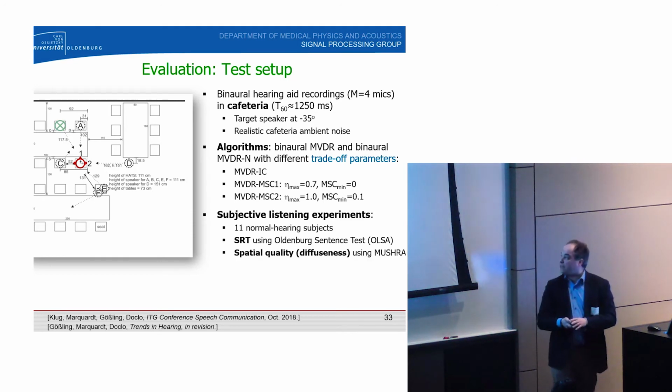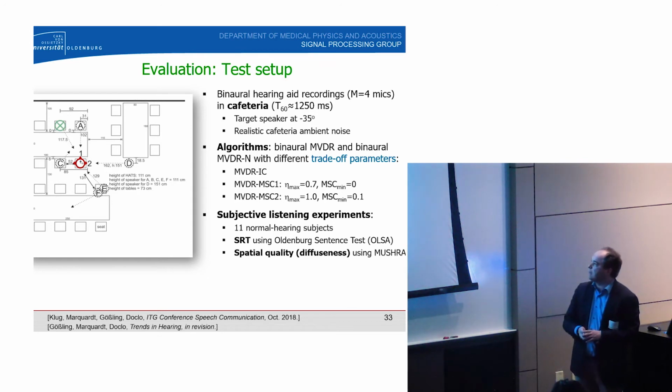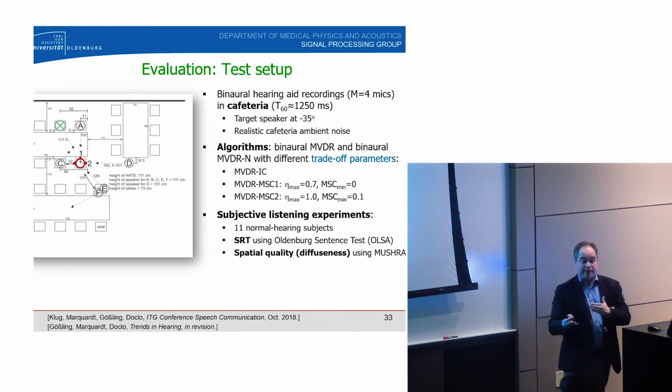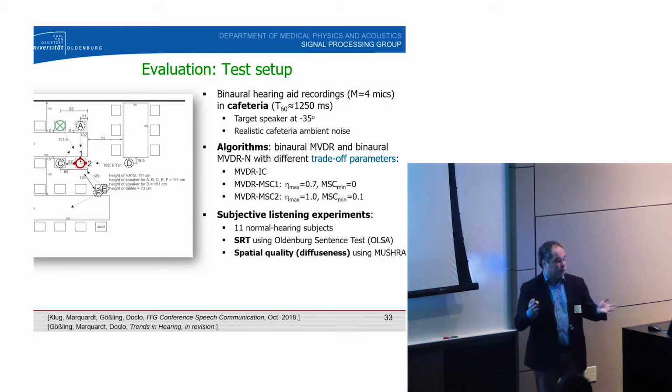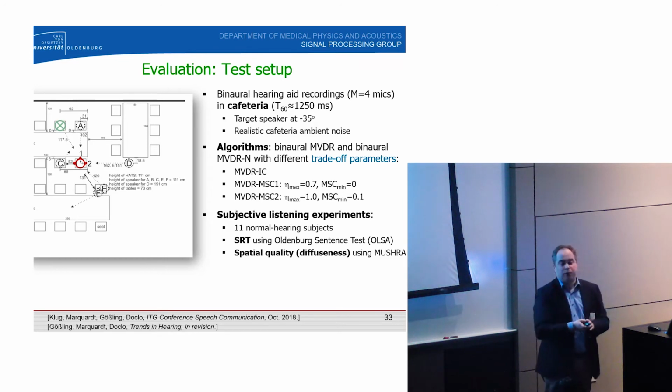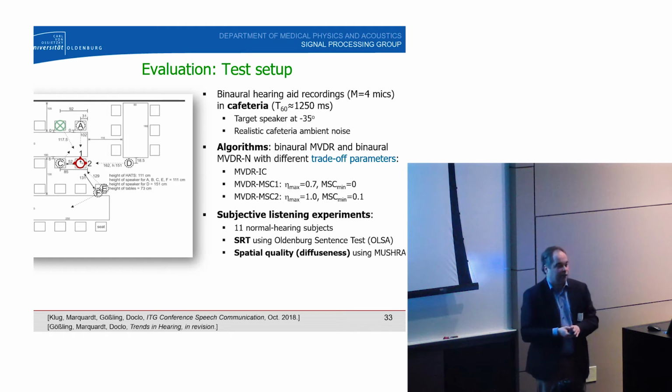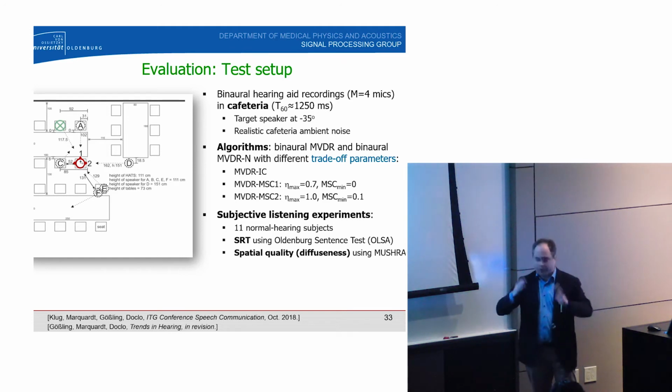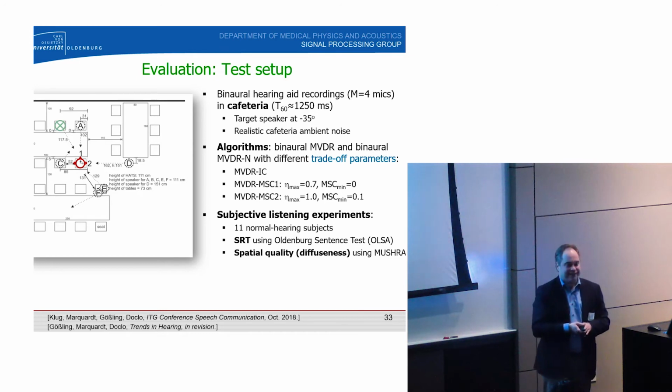We did subjective listening experiments, at that time with normal hearing subjects. Now we're also repeating with hearing impaired and CI subjects, cochlear implant subjects. We evaluated spatial quality using a MUSHRA test, comparing to the input signals, and speech intelligibility by measuring the speech reception threshold, the SRT, using a matrix sentence test.